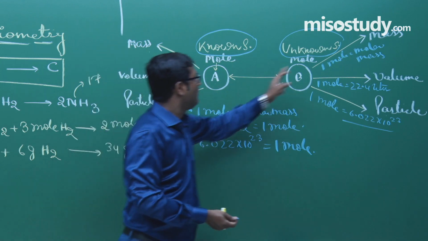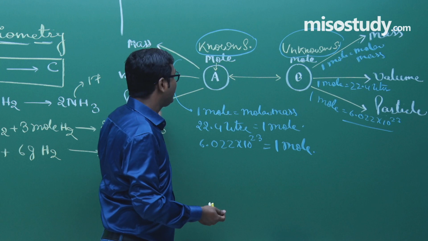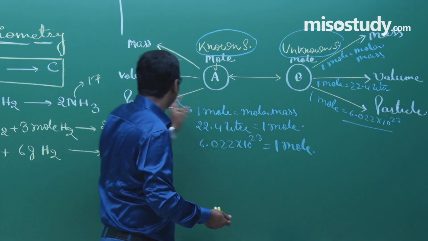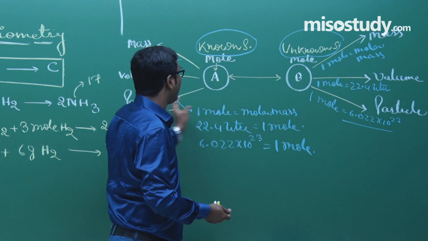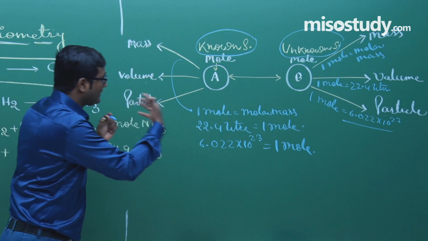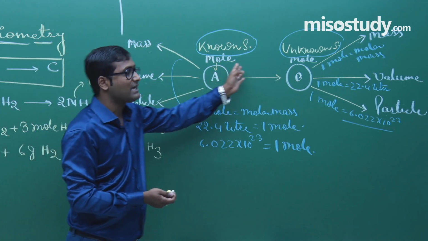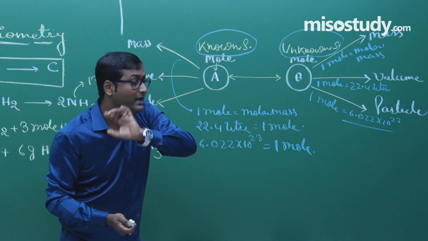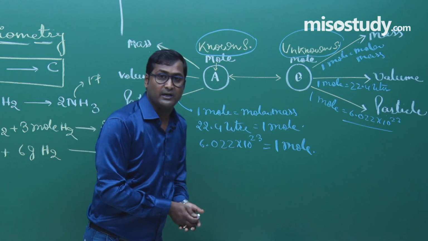Now volume-mass relation, volume relation, particle relation, again particle-mass relation, particle-volume relation, particle relation. By using this table, you can relate the quantities by using mass, volume, particles as well as mole, and this will help you a lot while solving questions in competitive examinations.